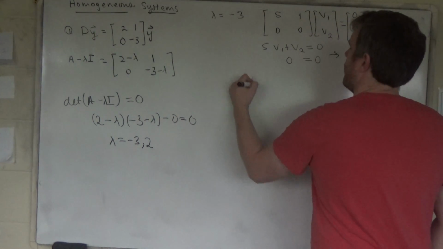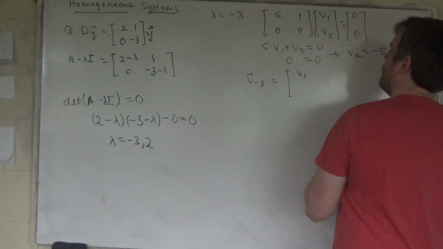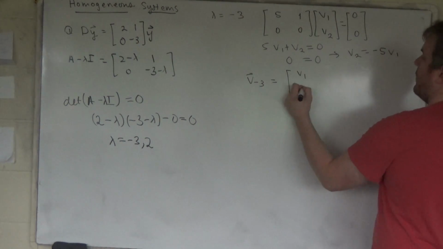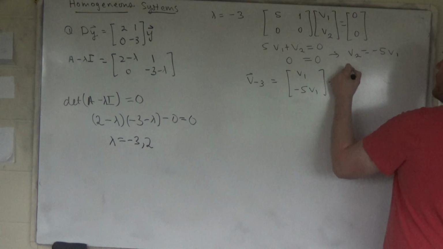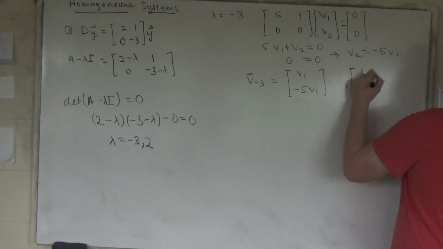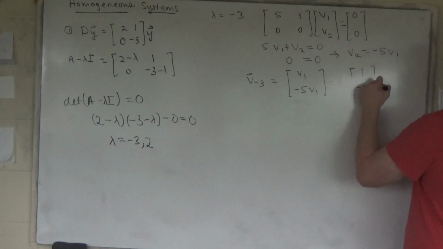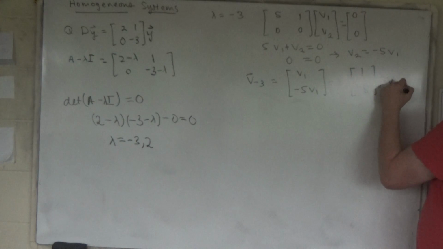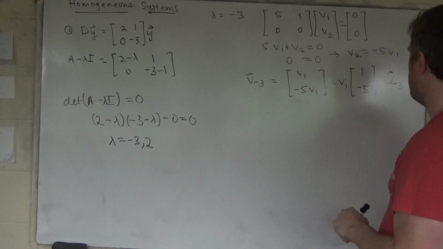Now when I write out my vector, v negative 3 is whatever v1 is, and then v2, which is negative 5v1, so I can factor out v1 and get 1, negative 5. If I let v1 be 1, I get v negative 3 is 1, negative 5. So you just pick one of them. It doesn't matter which one.